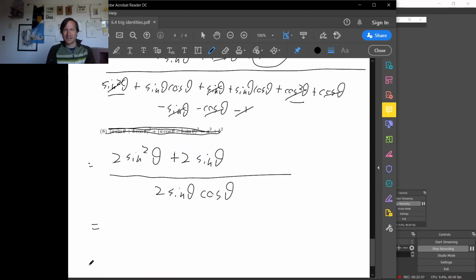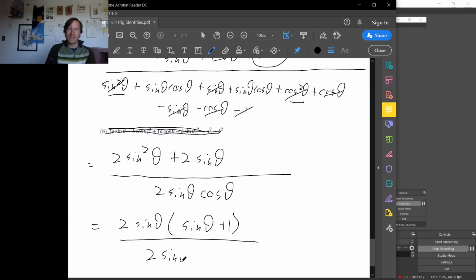And, well, in the numerator, we can factor out a 2 sine theta. So 2 sine theta times sine theta plus 1 all over 2 sine theta cosine theta. But then the 2 sine thetas cancel, and you get sine theta plus 1 over cosine theta.